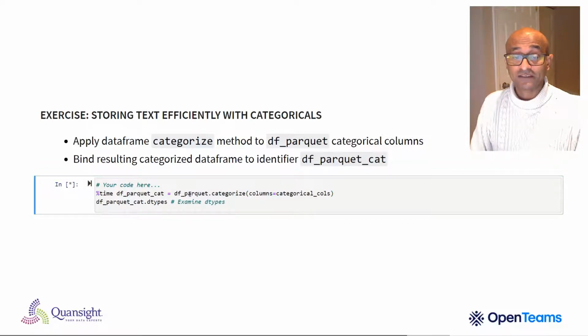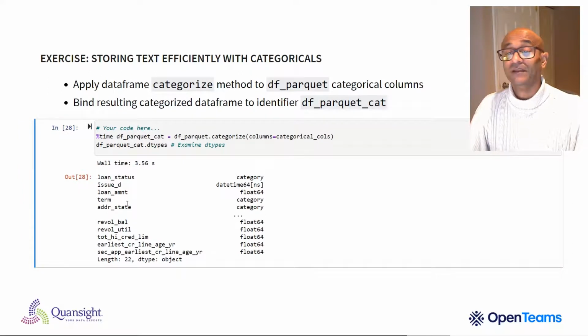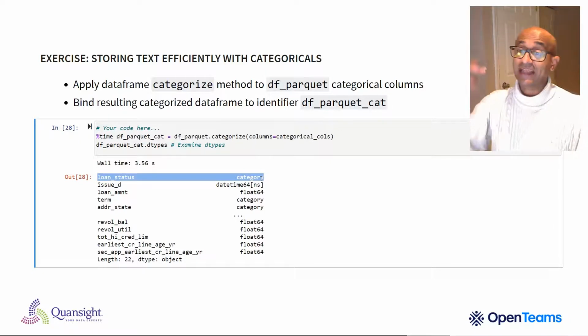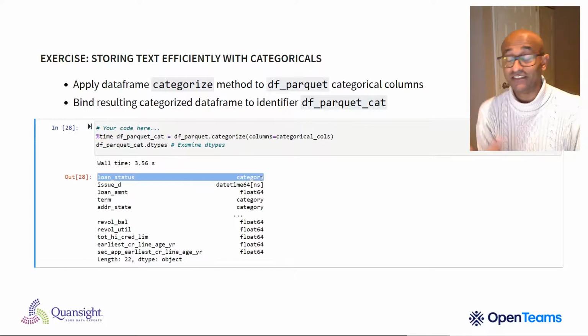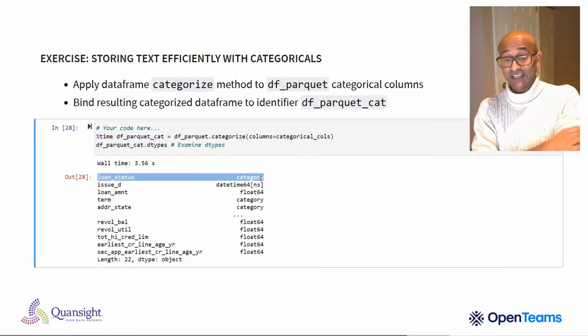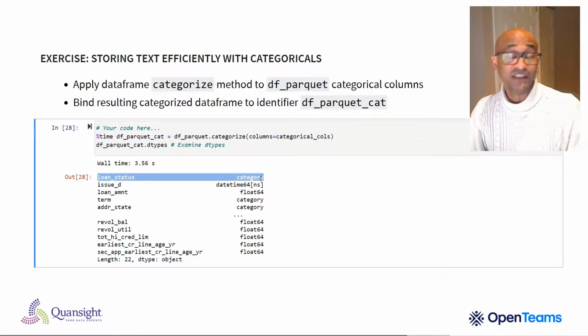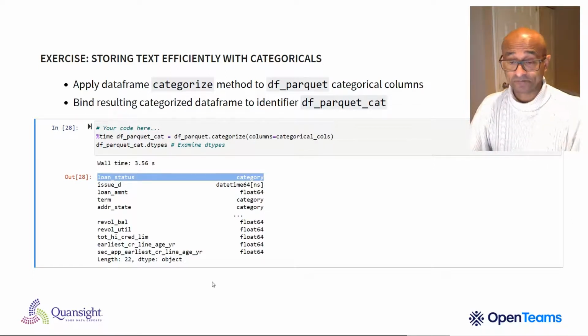And when I do that, it takes a little bit of time, but now all of those columns that were formerly called object are now called category, so they're stored more efficiently, and different comparisons, access, and computations with them can be done marginally more efficiently because we don't have to move strings around.